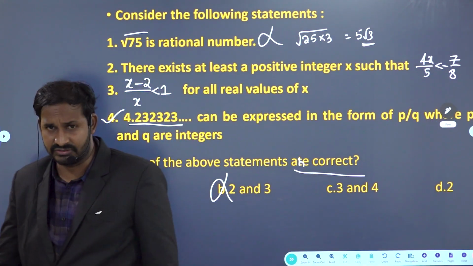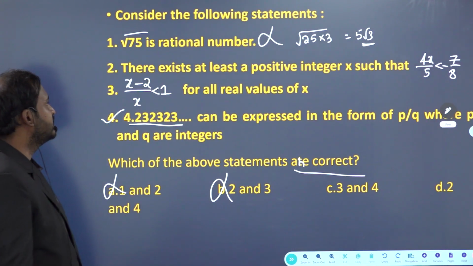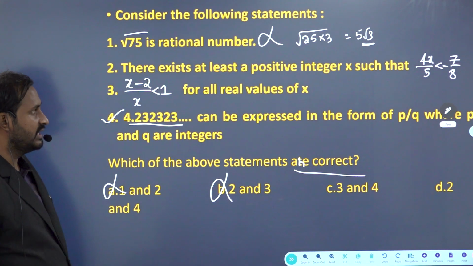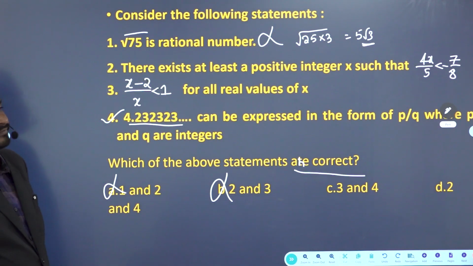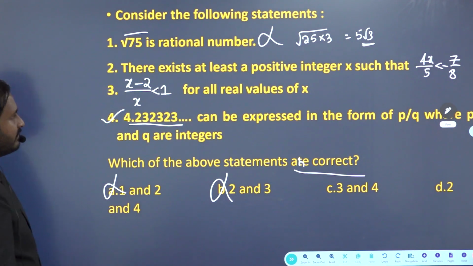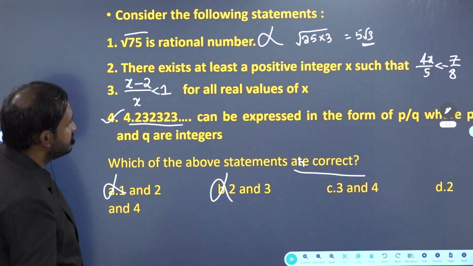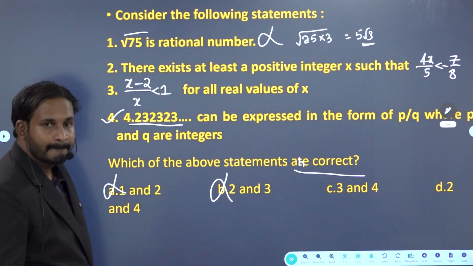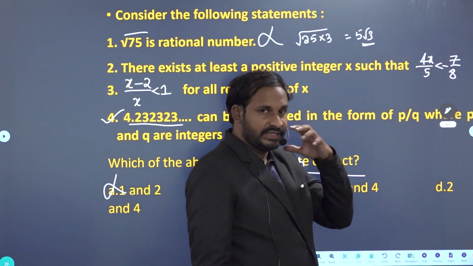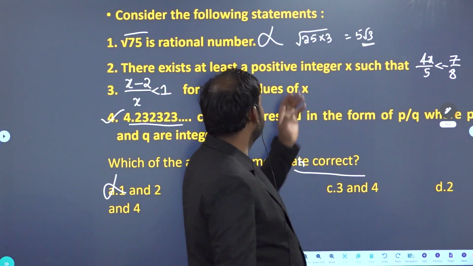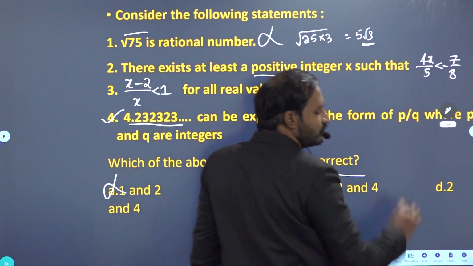Now we will check here, students. See here, there exists at least a positive integer such that 4x by 5 is less than minus 7 by 8. Is there any such positive integer value of x? See here, students. Positive integer means what? It will be 1, 2, 3, 4, 5.